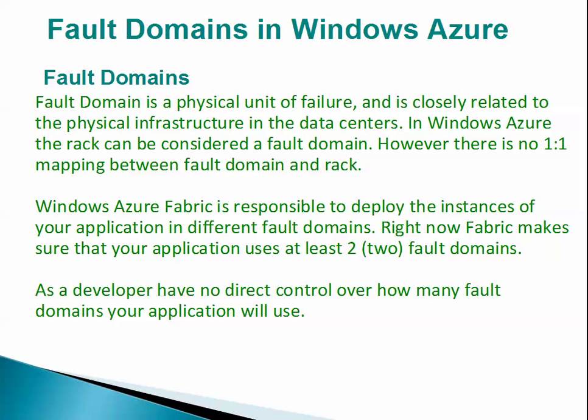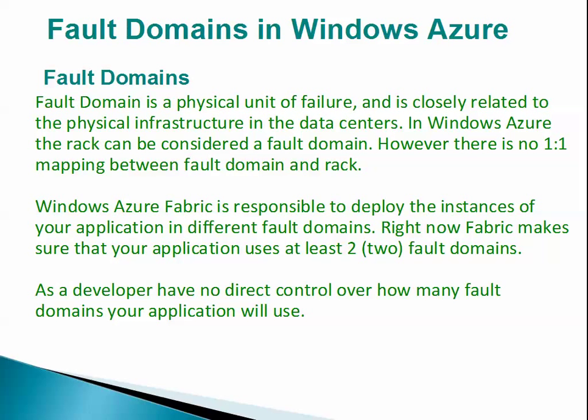For this case, the 2 different web roles have the same processing, the same job. Exactly. I have taken 2 instances of the web role. And the last point is that we cannot control how many fault domains we use in our applications. The fabric controller will handle all of this for us.